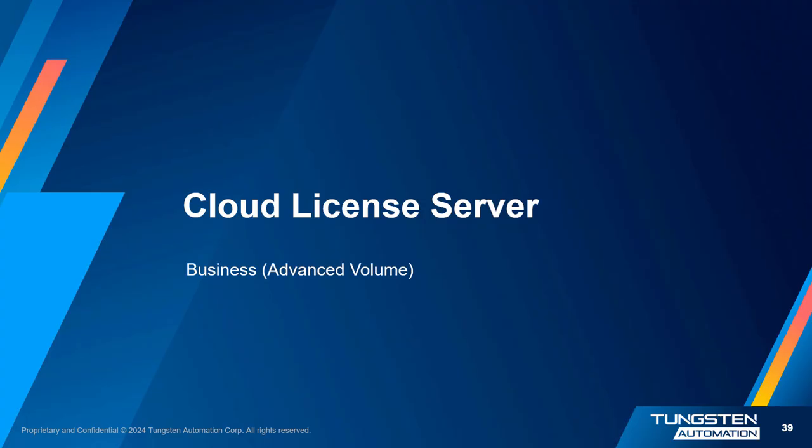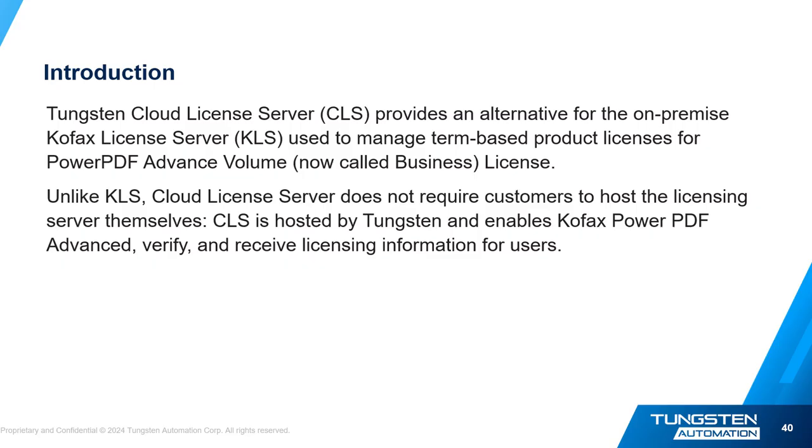Version 5.1 for Business Edition, previously called Advanced Volume, introduces a new method for licensing term on-prem licenses, introducing Cloud License Server. Tungsten Cloud License Server, also referred to as CLS, provides an alternative for the on-prem Kofax License Server, also referred to as KLS, used to manage term-based licenses for Power PDF Business Edition.